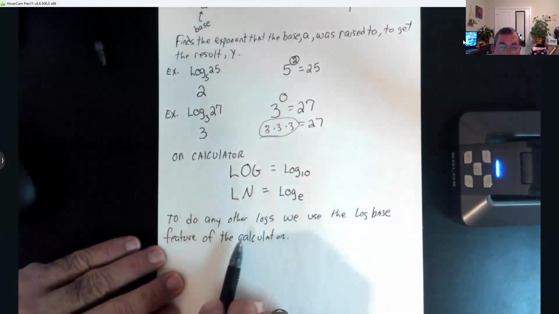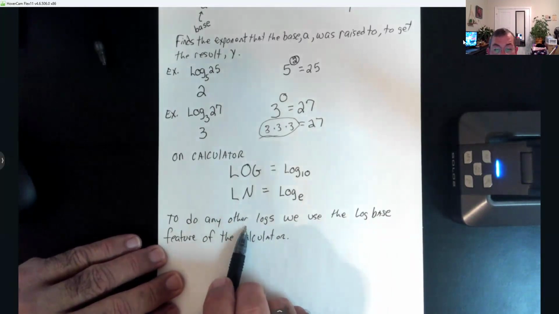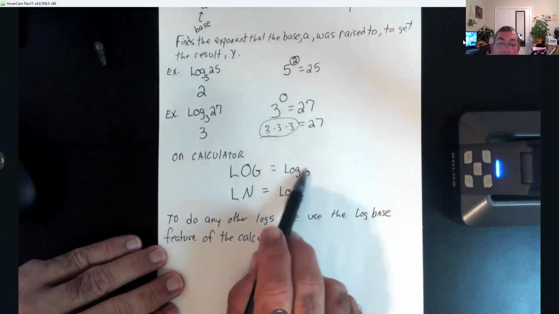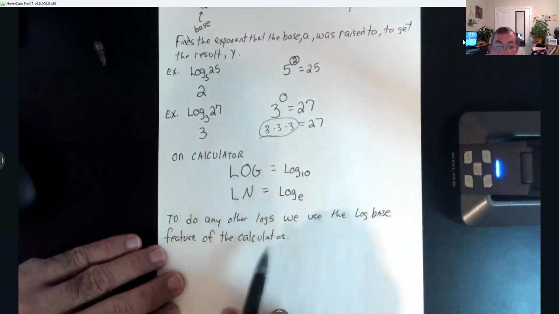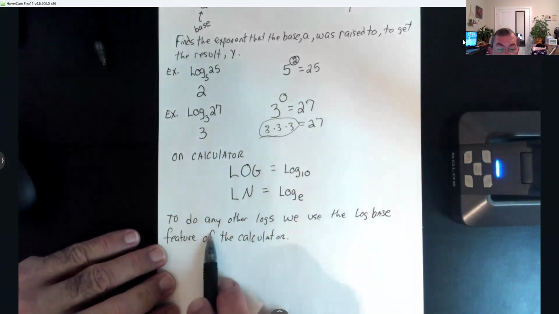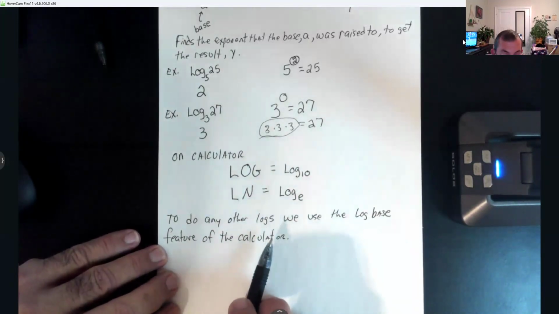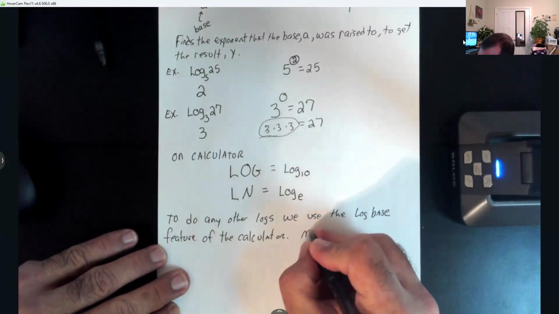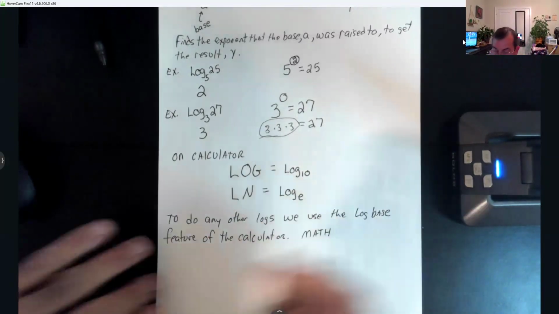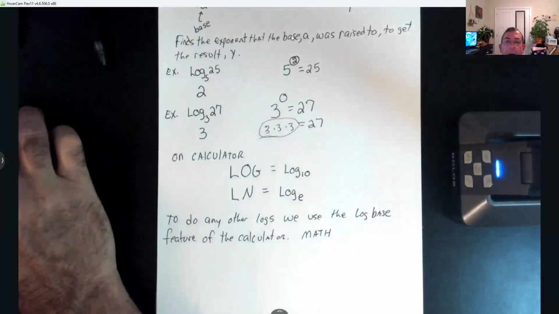So if I got a log base 5, a log base 3, a log base 2, any other base than a 10 or an E, we're going to use the log base feature of the calculator. So to get to that, you hit Math. So let me show you on my calculator here. So I'm going to hit Math on the calculator.